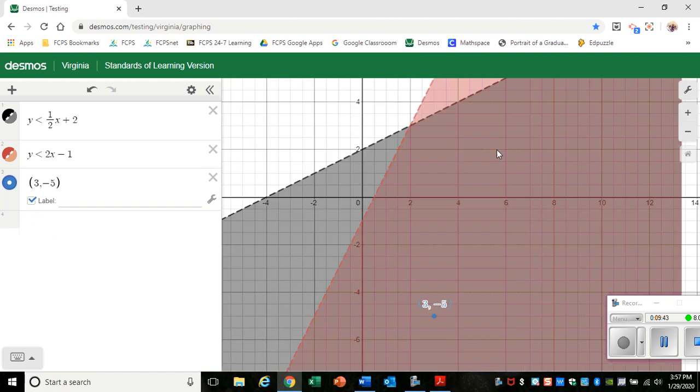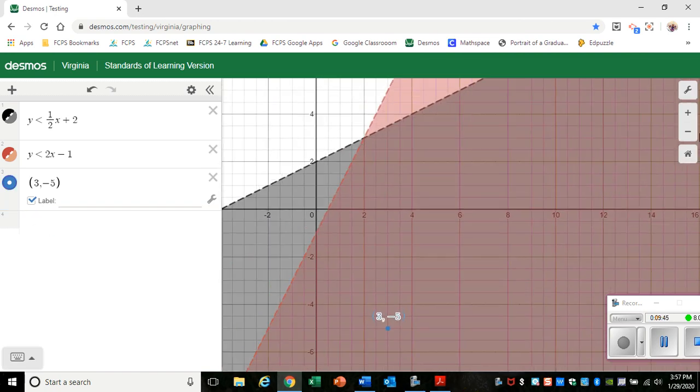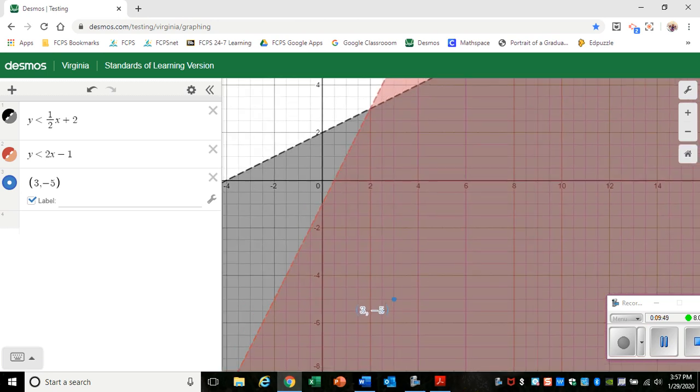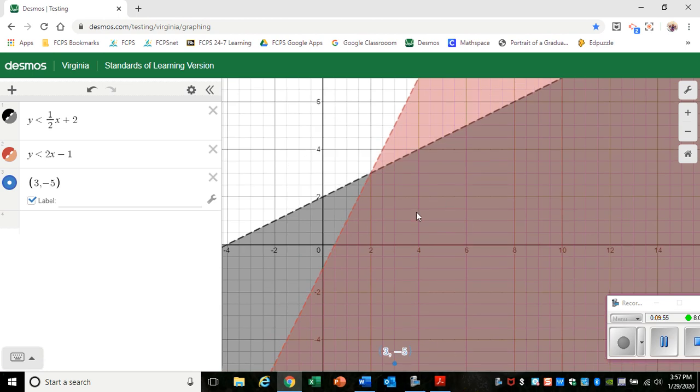And then I want you to look for that here. So you see right here, when I click label, it shows that this is 3, negative 5. Now, this point is in this overlap section, right? Where you shade twice. That means this is a solution for these two. This is where they have in common.